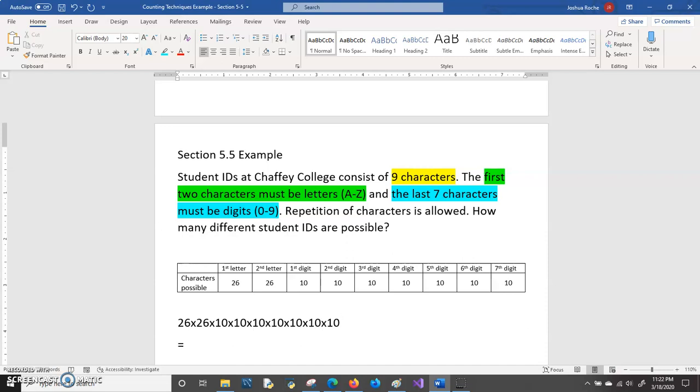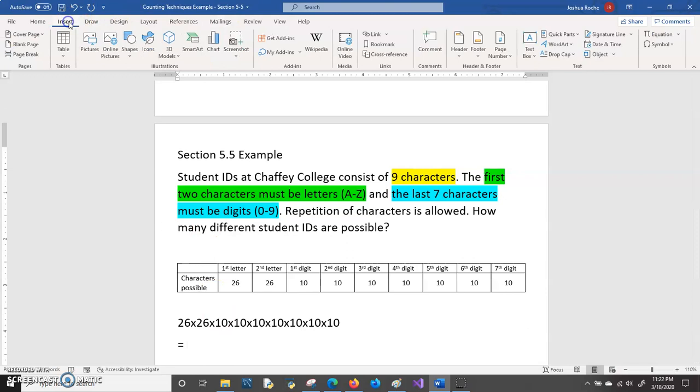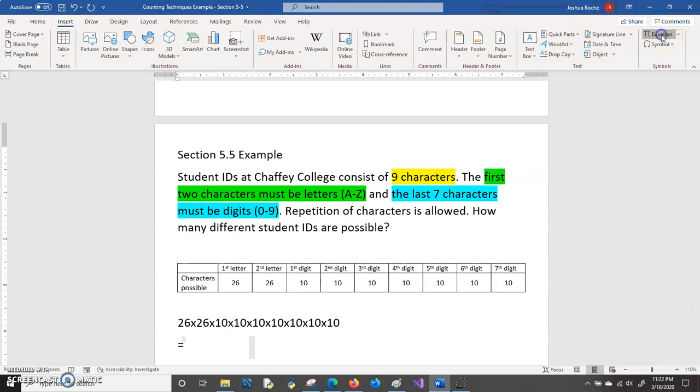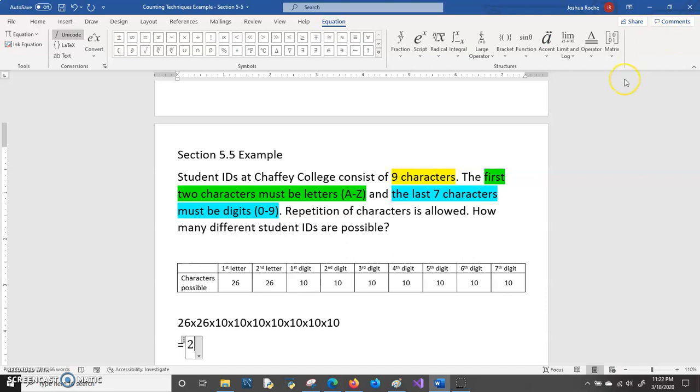Or another way of writing that is 26 squared times 10 to the 7th.